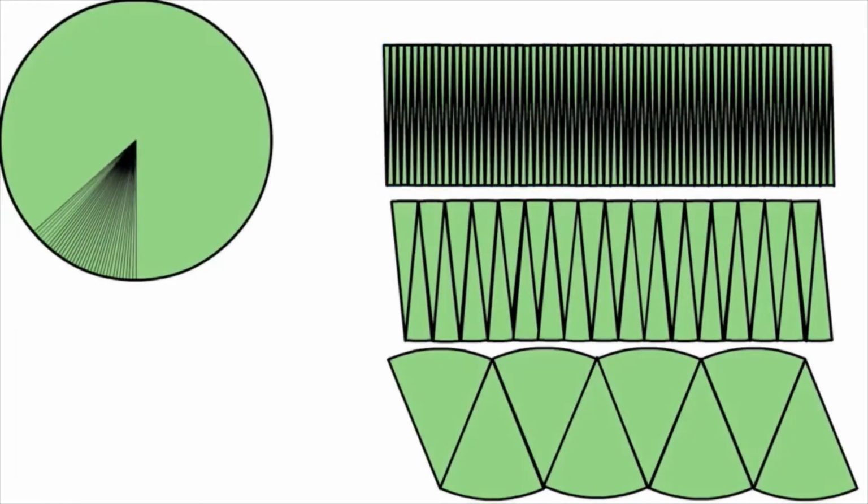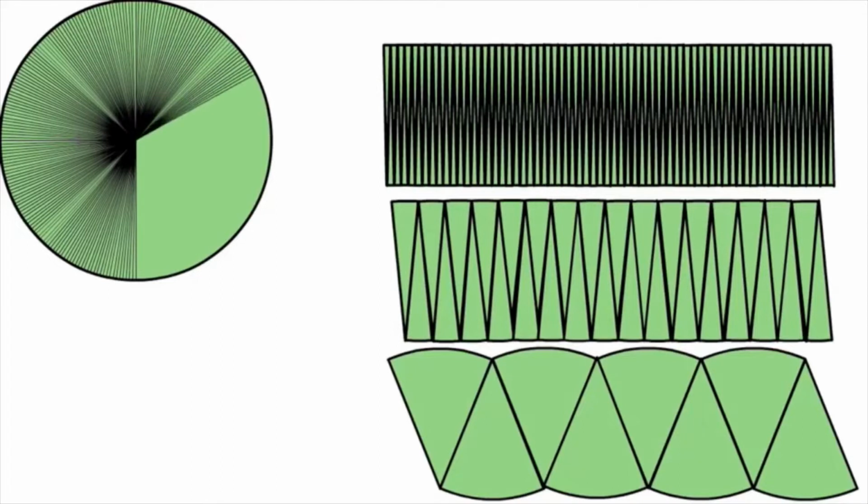So how small must we divide a circle before we can get a perfect rectangle? Well, we can keep on dividing the circle into small, smaller, or the smallest pieces you can make.